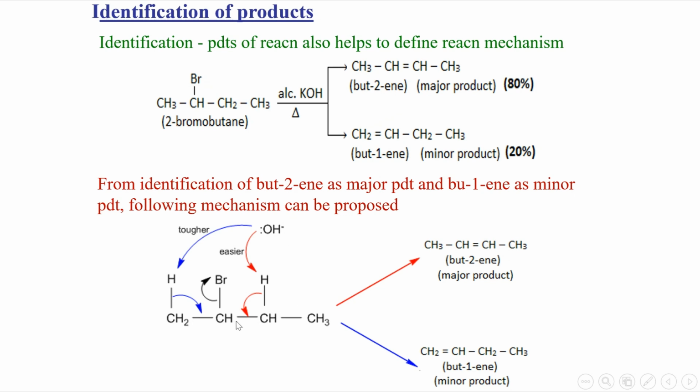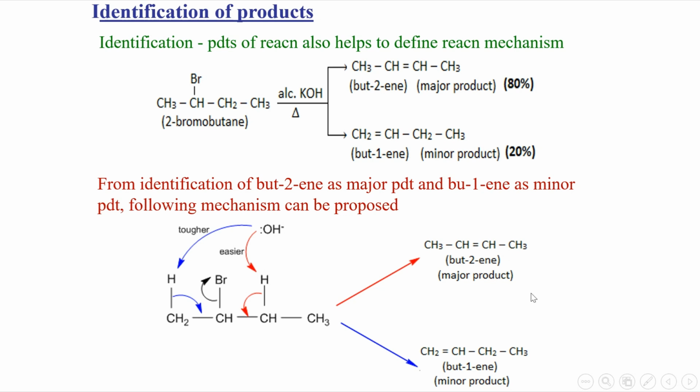There are two beta carbons with hydrogens, on the right hand side and on the left hand side. If the proton is abstracted from the carbon on the right hand side, I get 2-butene. If it is abstracted from the other carbon, then I get 1-butene. Based on the product formed, we can propose the mechanism of how the reaction might have occurred.